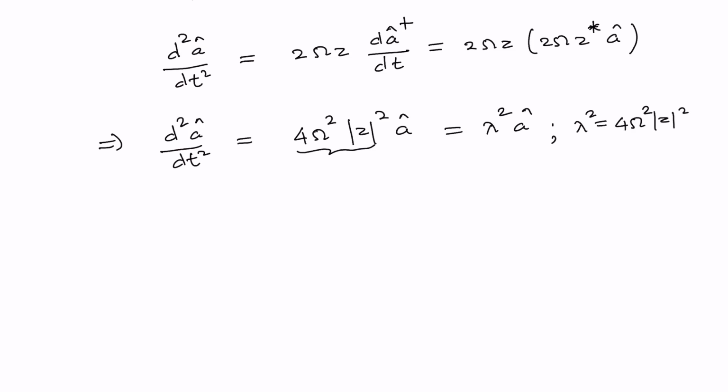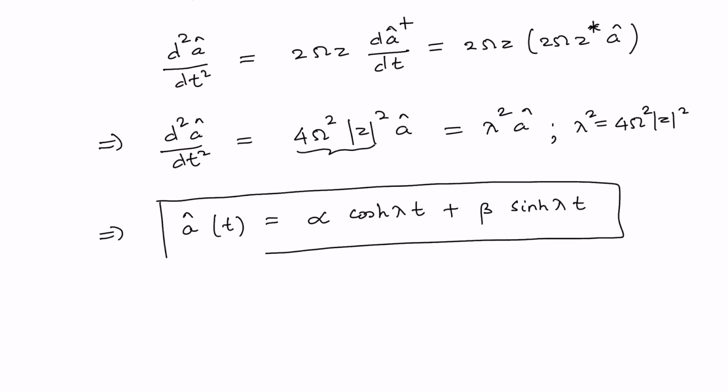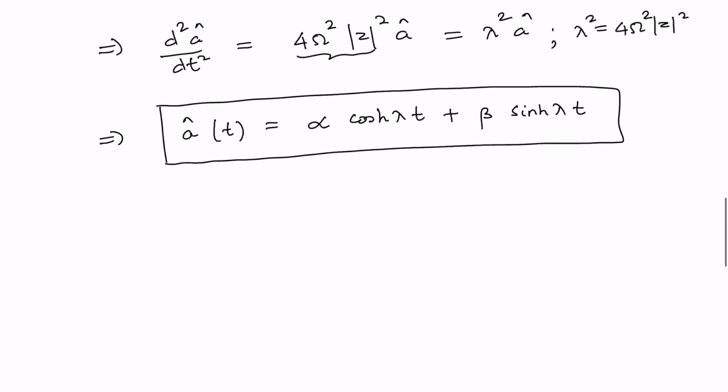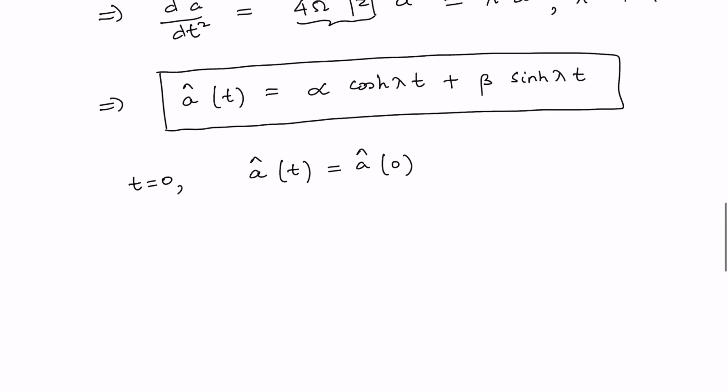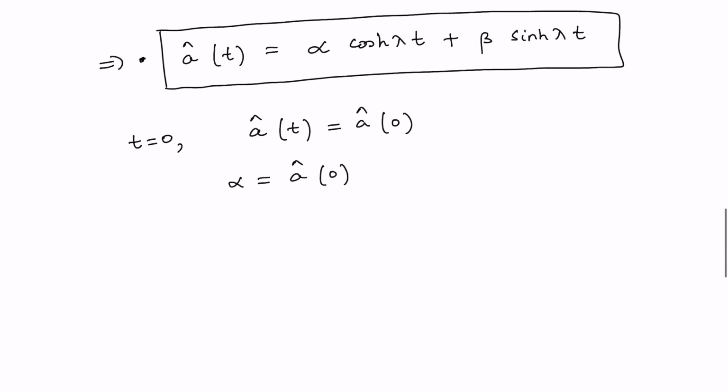Now you know that the solution of this differential equation is a very standard one, so you will get A of t equal to, say, alpha cosh lambda t plus beta sinh lambda t. You are now left with finding out what alpha and beta are. To find that, let me take t equal to 0, where A of t is equal to A of 0, and putting this in this equation, you immediately get that alpha is nothing but A of 0, the annihilation operator at time t equal to 0.